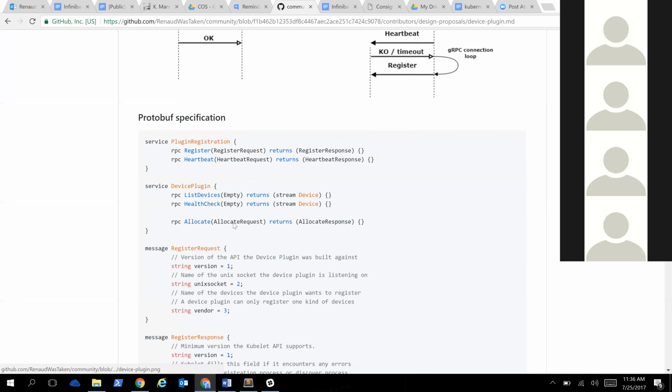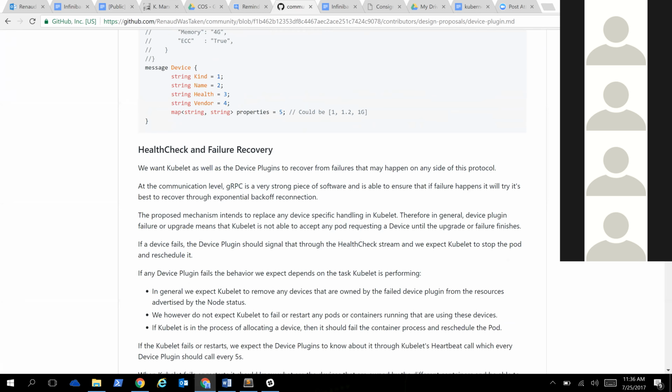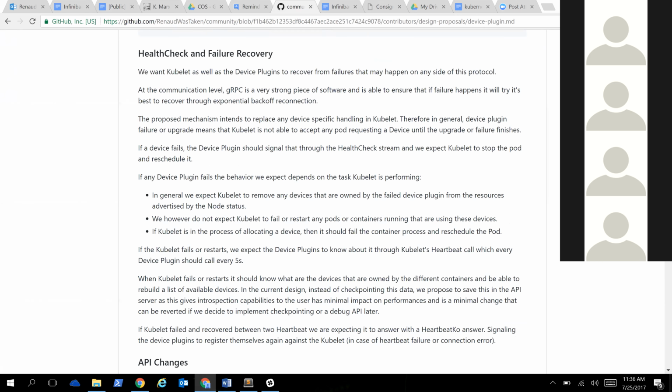My thinking was that the goal of the design document is to offload device handling to a device plugin. So if we do that and the device plugin is not available, then we should not allocate containers that request a device.